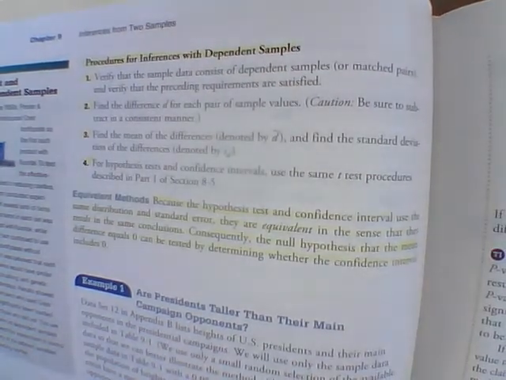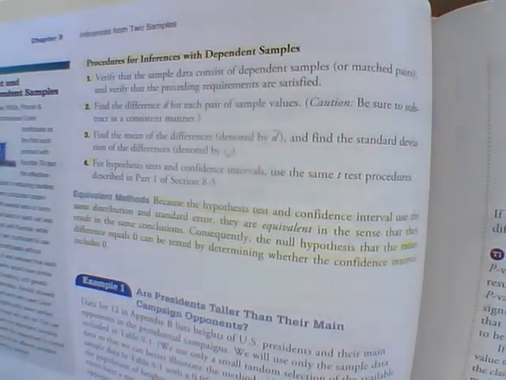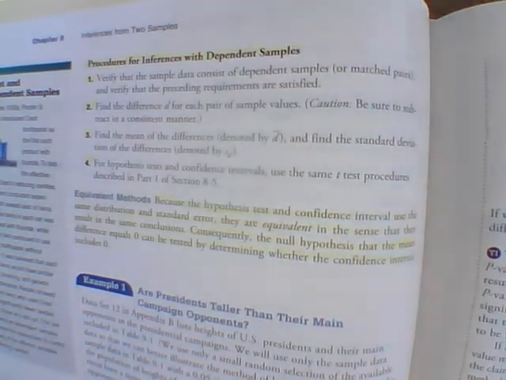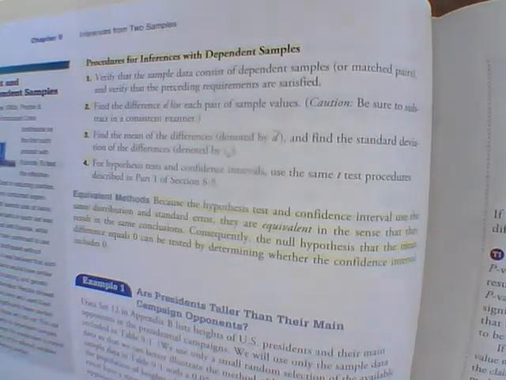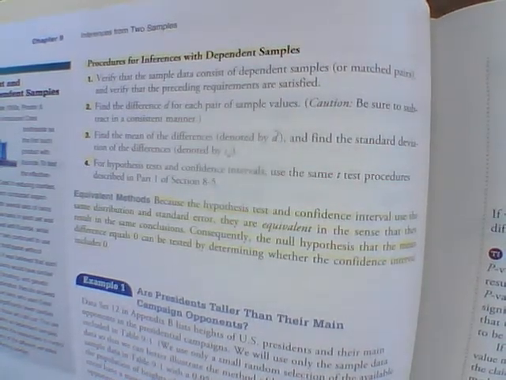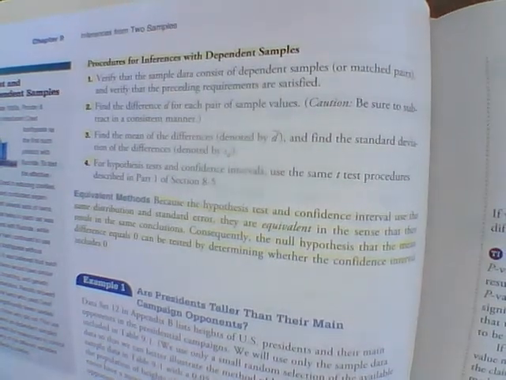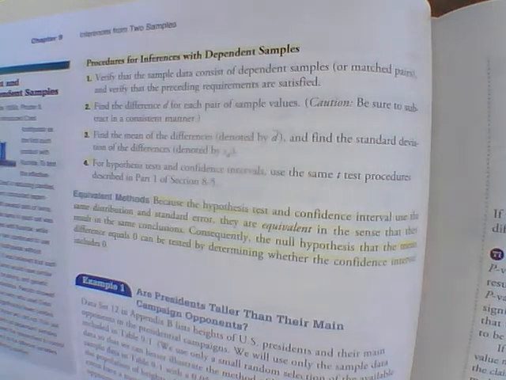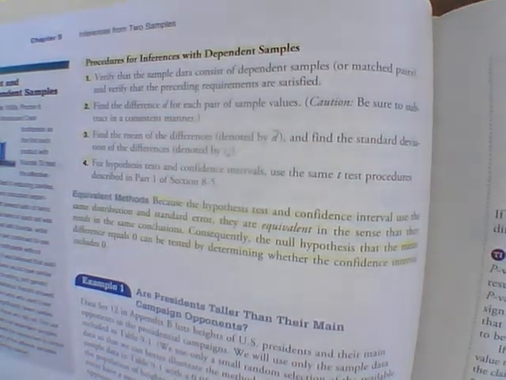It requires a little bit more work than just creating our list. We actually have to find the difference. I'll be showing you how to do that in the spreadsheet and lists app on our TI-Nspire CX calculator. Then everything is just calculated after that, and we test it the same. Nothing really changes except for the simple fact that we have to add an extra step in our data part.